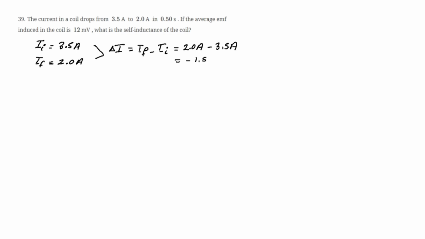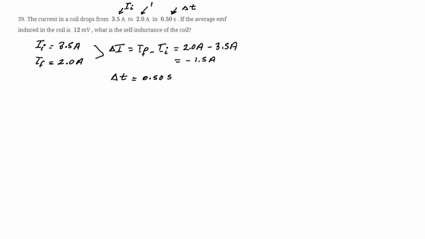So there is a variation of current of minus 1.5 amperes, and this is occurring in a variation of time of 0.50 seconds, right? So this is delta T, and this one is the initial current, and this one is the final current.